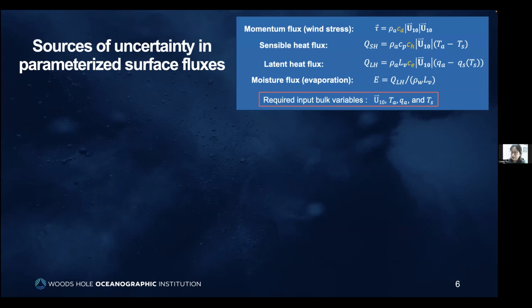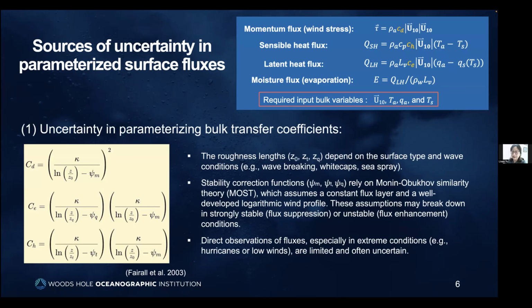And the parameterization is about how to better parameterize these coefficients. And here is the uncertainty, because this parameterization depends highly on the roughness length and also on the stability correction functions.